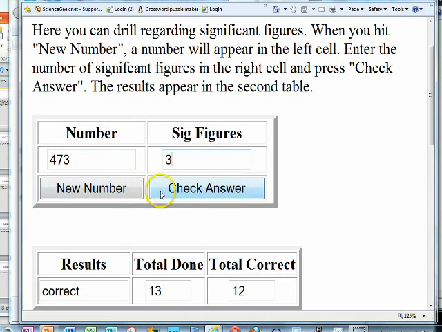Okay, this is a 3. Alright, so this is more challenging. It's to the right, so we should have 5. Alright, 0.00901. That should be 3 significant digits.